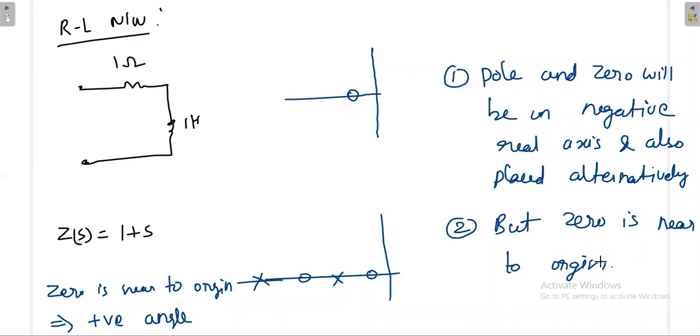Okay, so once this session is over, you can start with the same link. Now 0 is near to the origin.